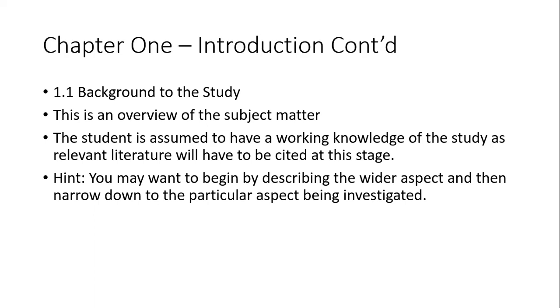So you're more like, okay, describing the wider aspect, and you narrow down to the particular aspect because we're talking about visible light here. So I made my last paragraph here strictly based on visible light. Say visible light frequency spectrum is a complementary band to the overutilized, congested, and consequently exhausted radio frequency spectrum.